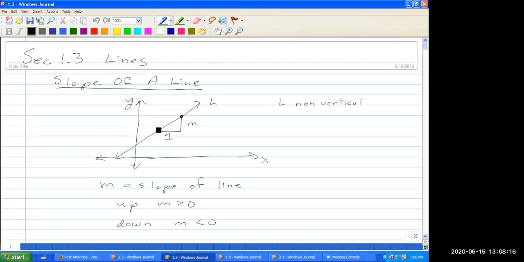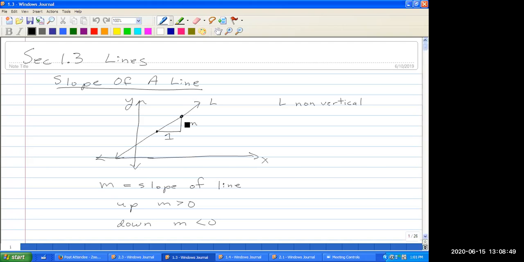If I take a point on the line and move 1 unit to the right, then I can do either a fixed number of units up or down to get to another point on the line. And we can do this for any line that's not vertical.